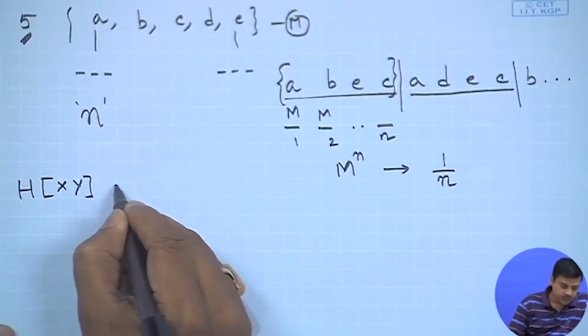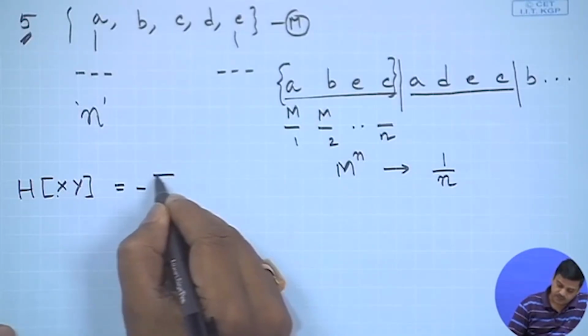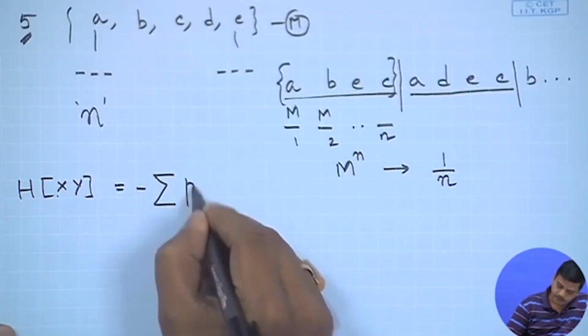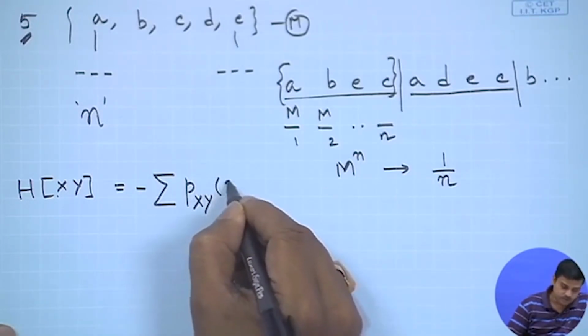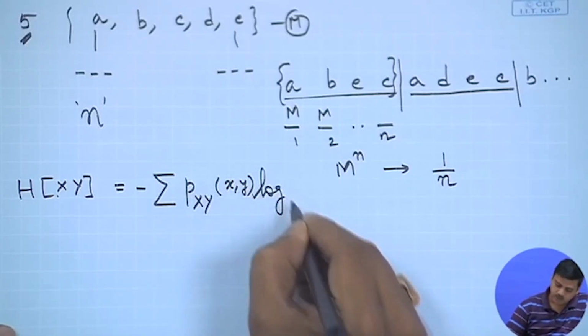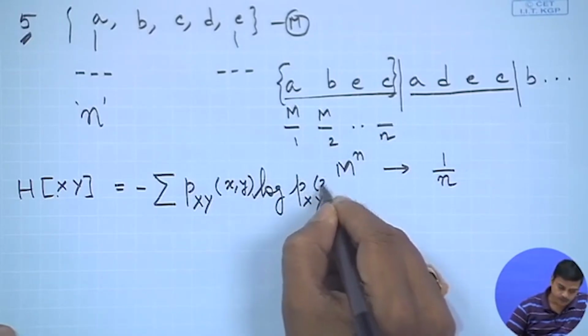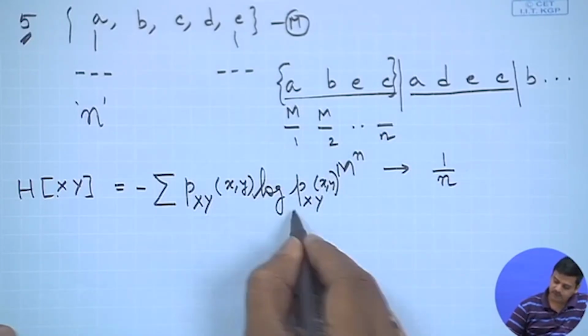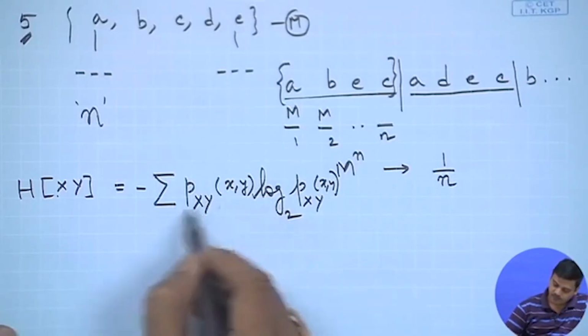If you have H of X,Y, where X and Y are 2 different random variables, this could be defined as the sum over the joint distribution p(x,y) times log of p(x,y), with a minus sign, by the same definition. Of course, it is log base 2, and if X and Y are independent.